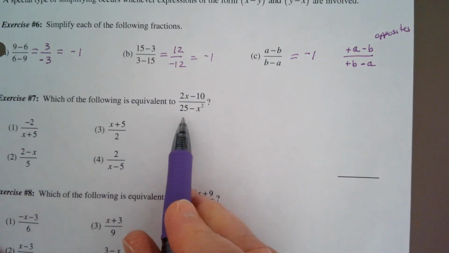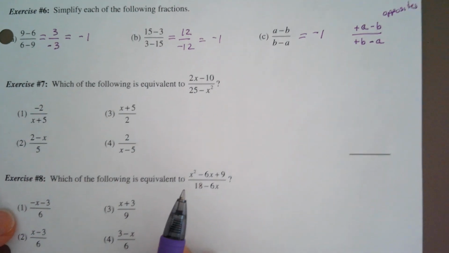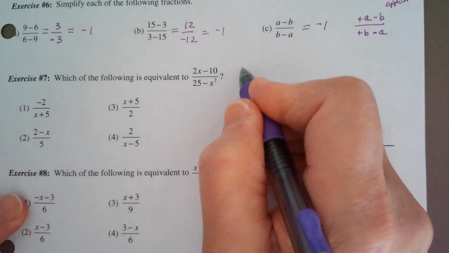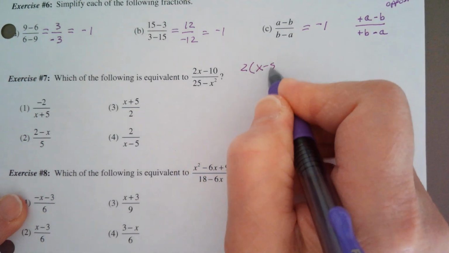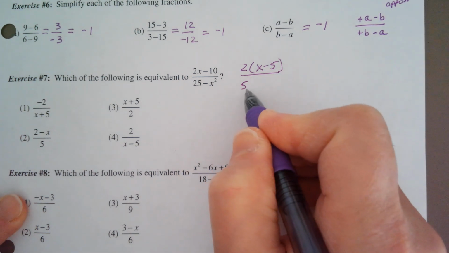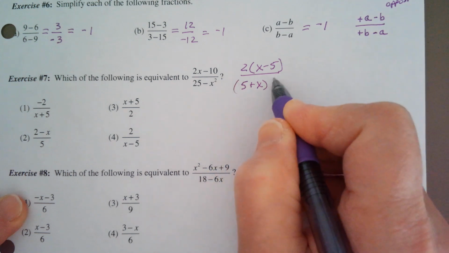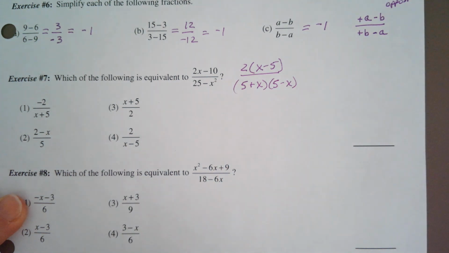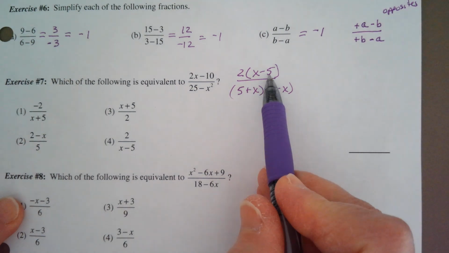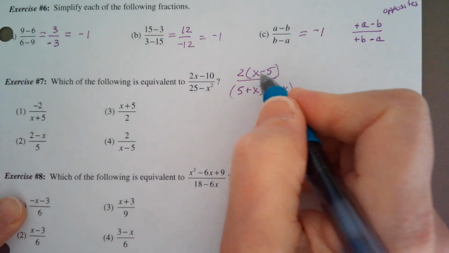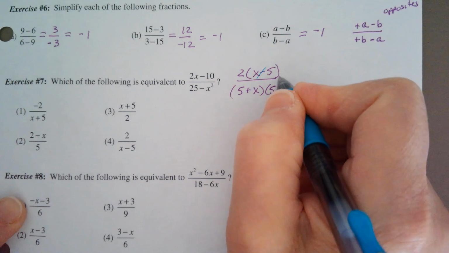Which of the following is equivalent to this? So in other words, we want to simplify this. Factor the numerator, there's a GCF 2. Factor the denominator, the difference of perfect squares, 5 plus x times 5 minus x. This only works when it is subtraction, not addition. So this x minus 5 and this 5 minus x, these are opposites. So they're going to divide out, these are opposites.